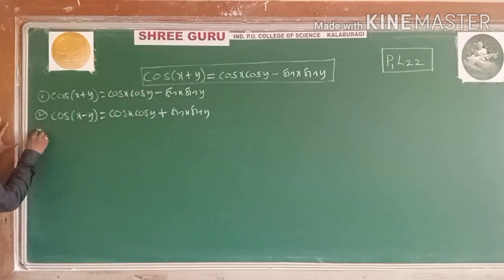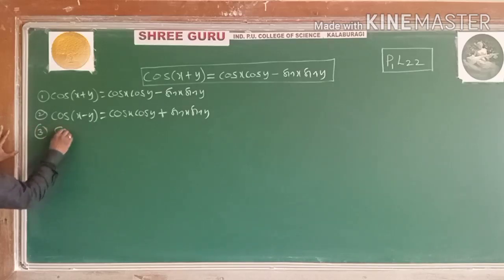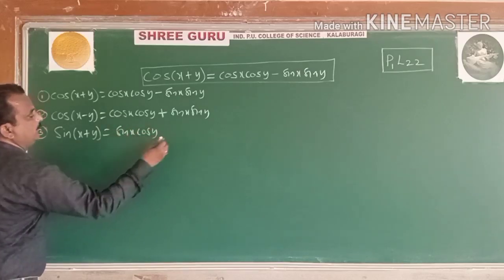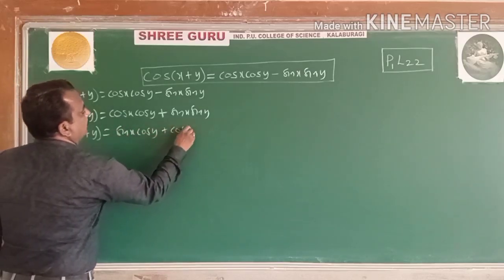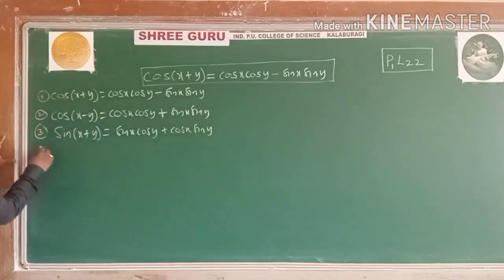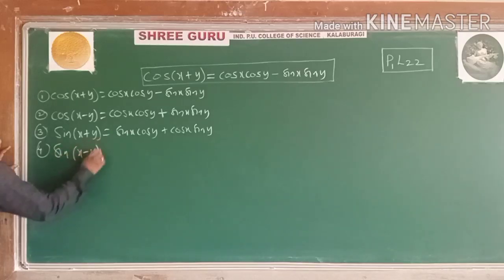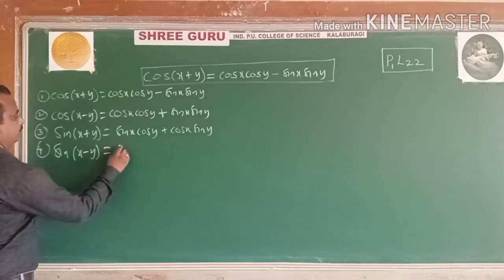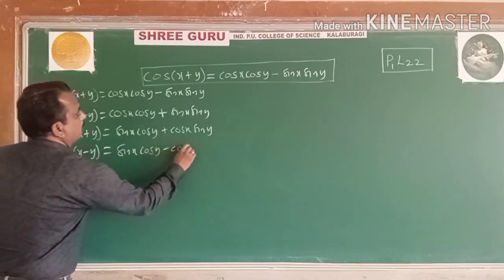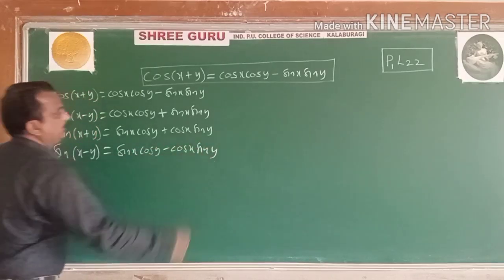The next, sum of sine: sin of x plus y equals sin x into cos y plus cos x into sin y. Difference of sine: sin of x minus y equals sin x into cos y minus cos x into sin y.